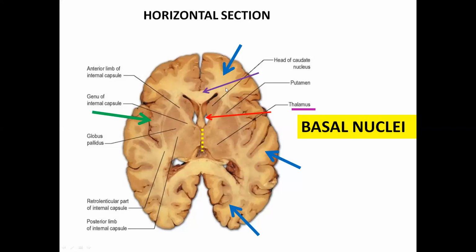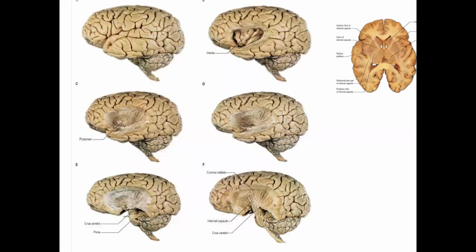You see the inner white matter. Now, within the white matter, you see gray matter. These are again collections of cell bodies within the central nervous system. That's why it is called basal nuclei. So you see the lentiform nucleus, the caudate nucleus. What is the function of basal nuclei? To coordinate the movements.